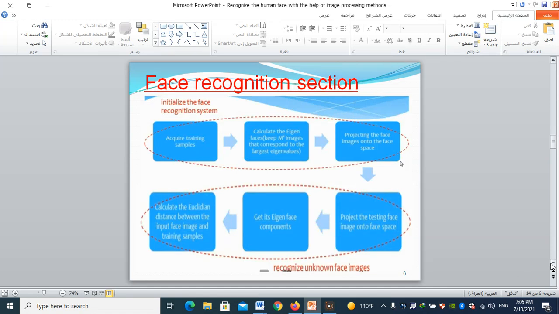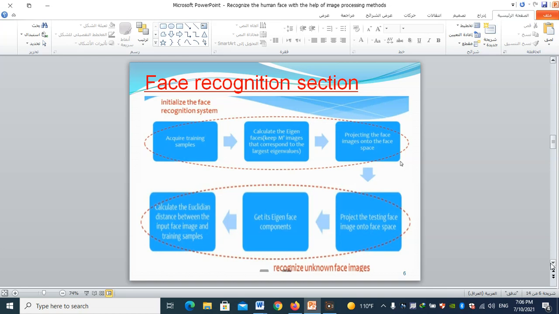This slide covers the face recognition section. It can be divided into two stages. The first one is the analysis stage of the face recognition system, which contains three parts: acquire training samples, then calculate the eigenfaces, and project the face images into the face space.